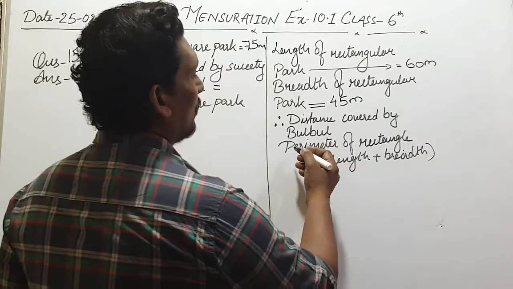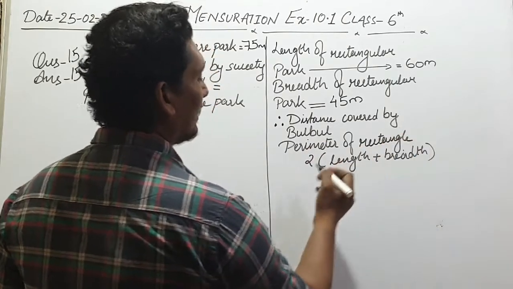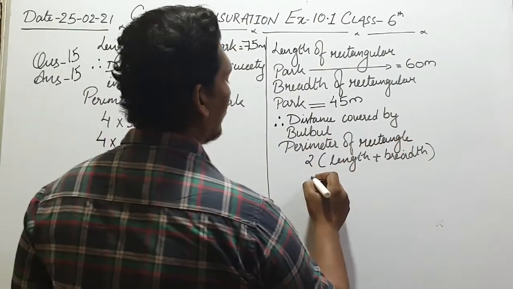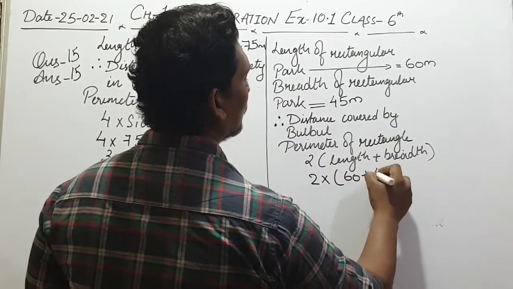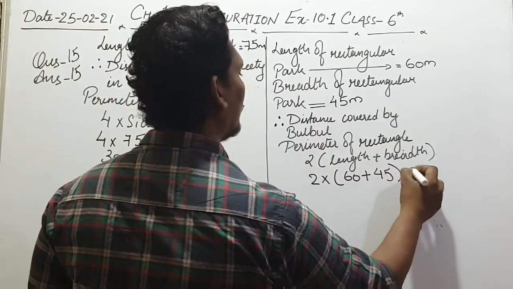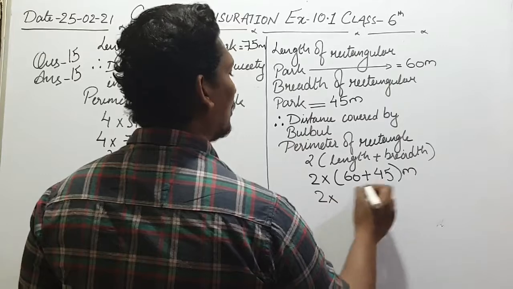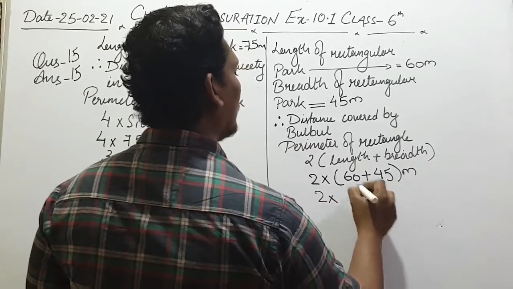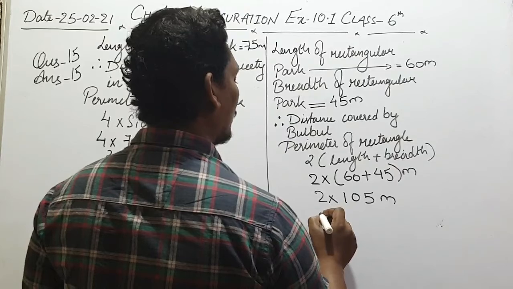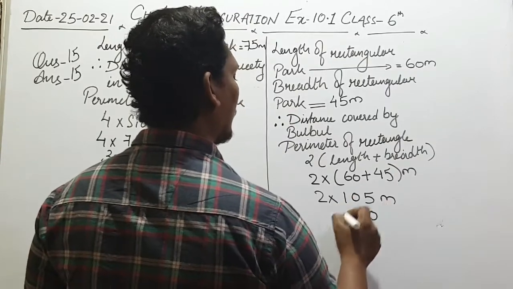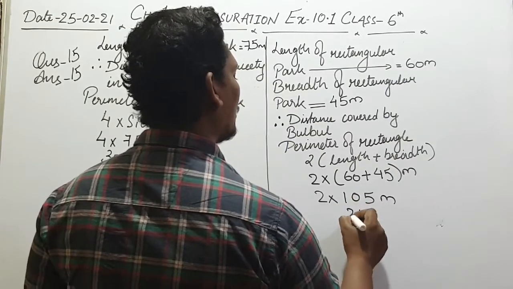So here also we have to find the perimeter of rectangle, that is 2 into length plus breadth, that is 2 into 60 plus 45 meter. So 2 into, that is 5, 6 plus 4, that is 10. So the total distance is 2 5s are 10, 1, 2.